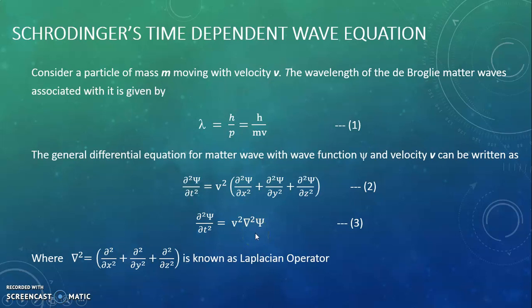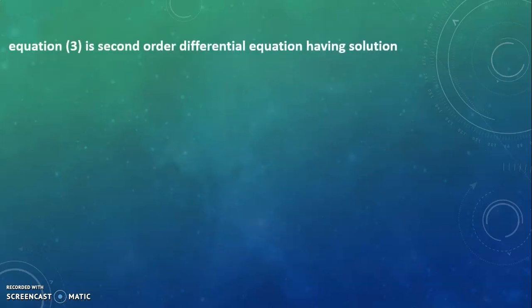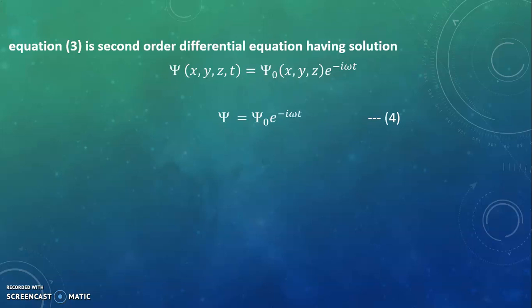This equation number 3 is a second order differential equation having solution psi of x, y, z and t is equal to psi naught of x, y and z into e raised to minus i omega t. In simple form, we can write psi is equal to psi naught e raised to minus i omega t. Let this be equation number 4.